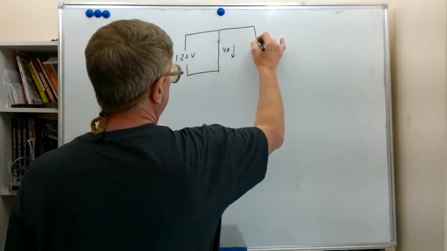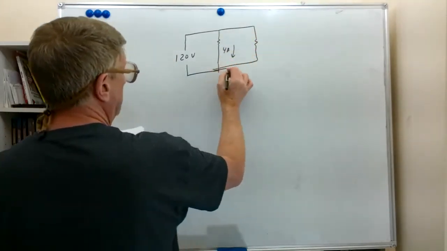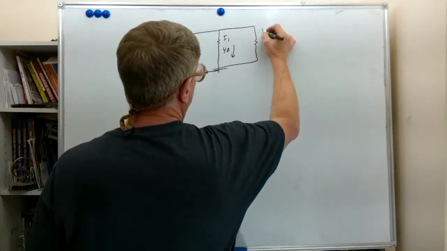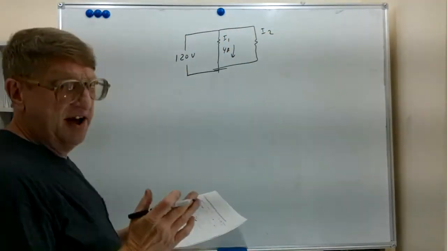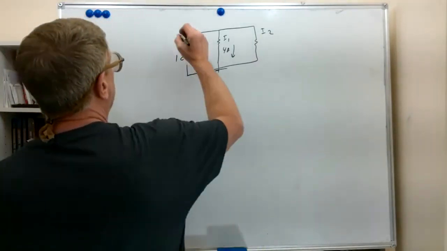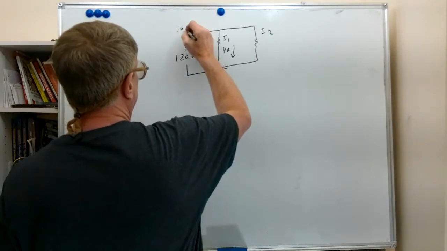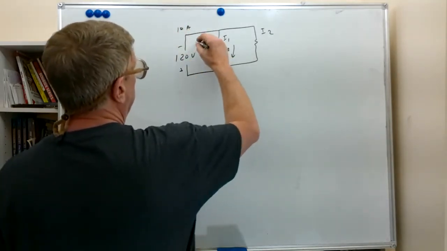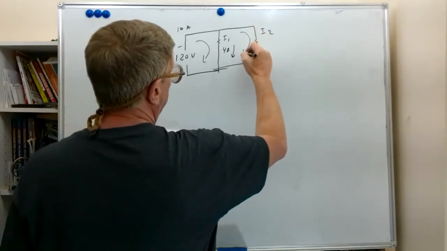Second branch, we have another load. We'll call this I1, we'll call this I2. I2 is not given to us, but we are given that the total is 10 amps coming from the source. I'm going to put polarities on these so that we have directions similar.